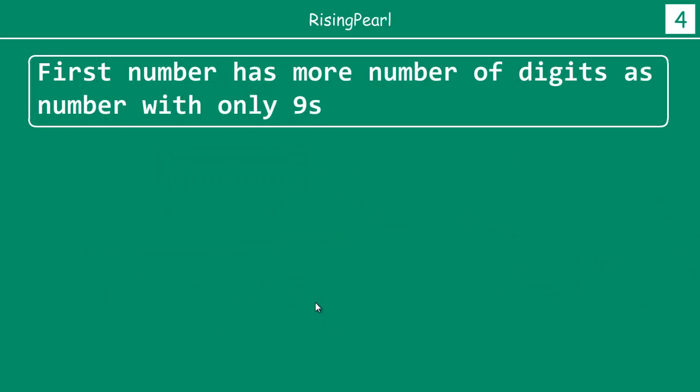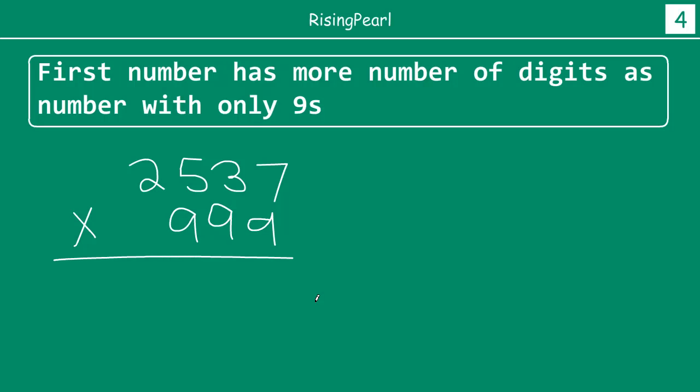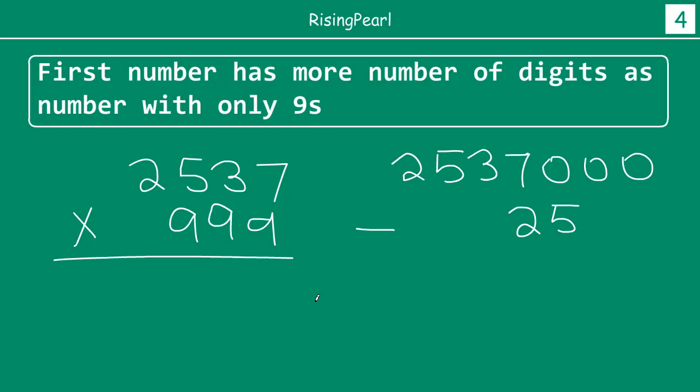So let's take maybe a few more examples. How about if we have 2, 5, 3, 7, and let's multiply this by 999. So what will be the answer here? This will be 2, 5, 3, 7, and we will express this as 1000. So there will be 3 zeros, 1, 2, 3, and we will subtract the number from itself, which is 2, 5, 3, 7.